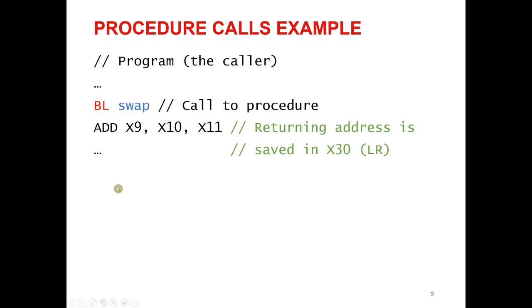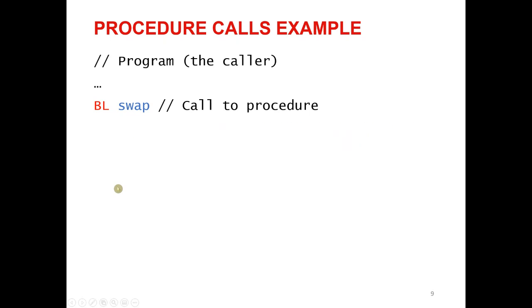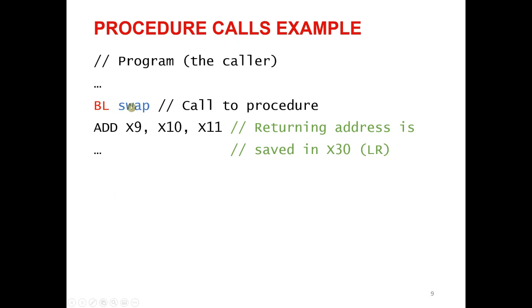Okay, so if I do a branch with link instruction, the BL instruction, before actually going to the procedure, this instruction stores the next instruction in the link register, in X30, and then jumps to the procedure.